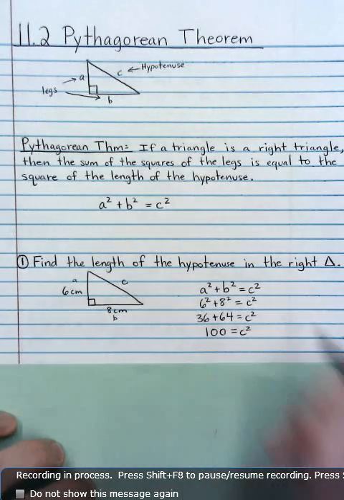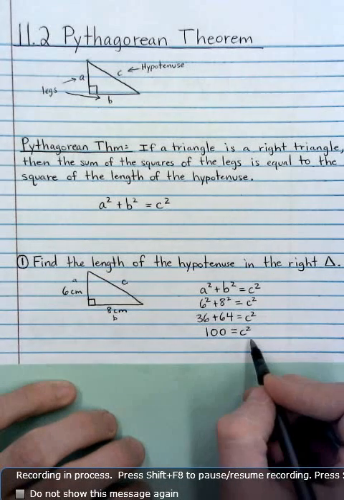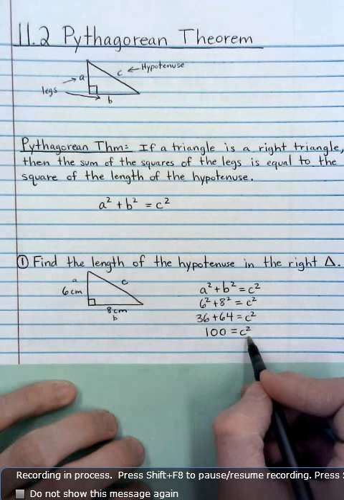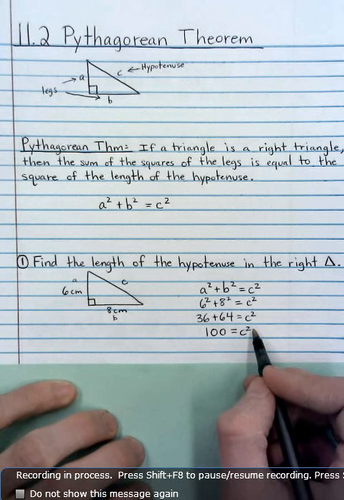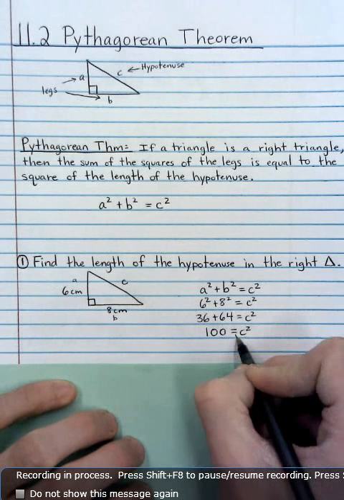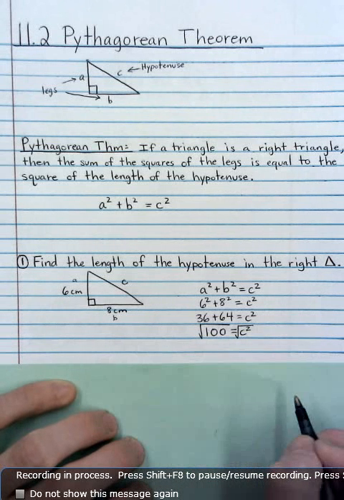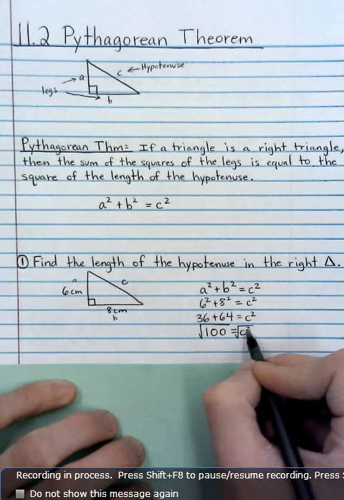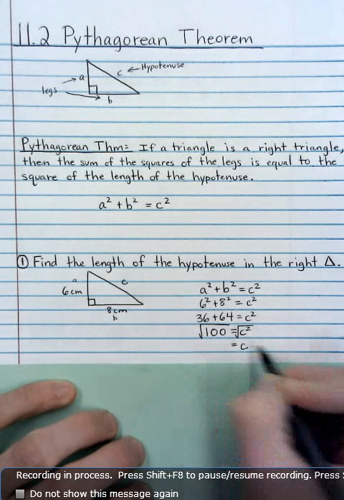The question is, do you guys remember how to solve these types of equations? If you have a variable that's squared and you want to undo that square so that we can just figure out what c is, you've got to take the square root of both sides, because the square root of a perfect square is just c.